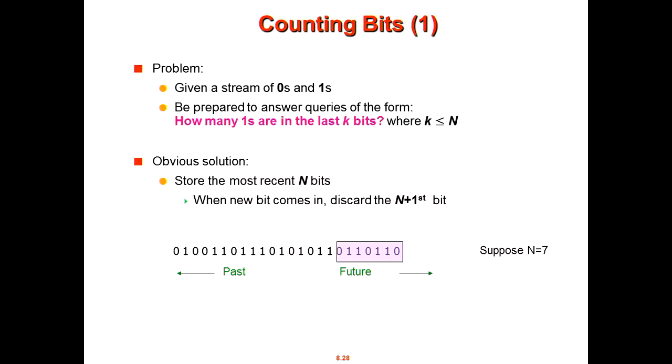Based on these n bits, you count all the ones and return the number. But as I said before, and as shown in the previous slides, normally it's not possible to store the n bits because n may be very huge. It may be very large, and you're not able to store all the n bits in memory.